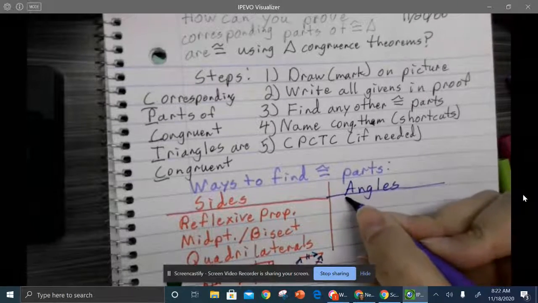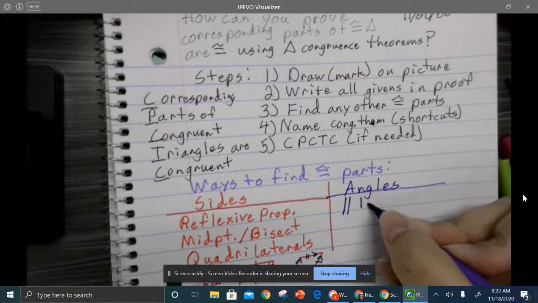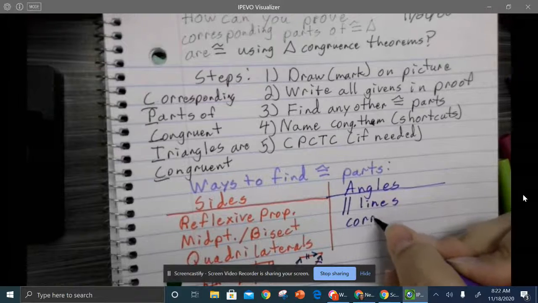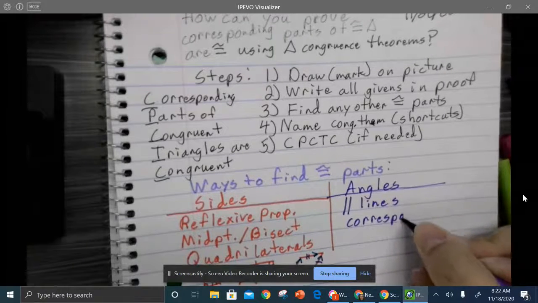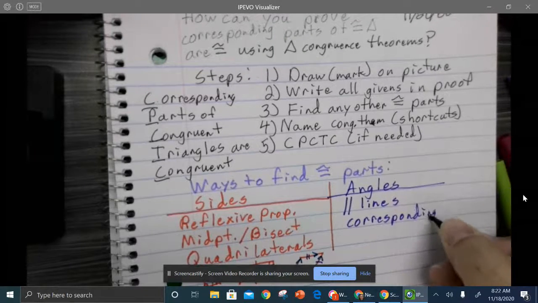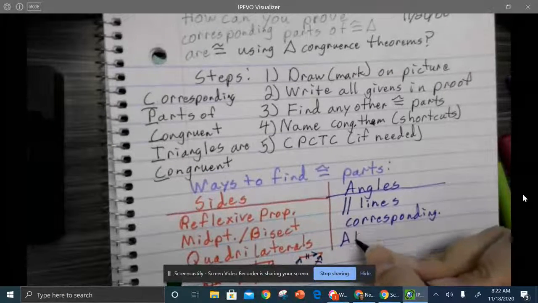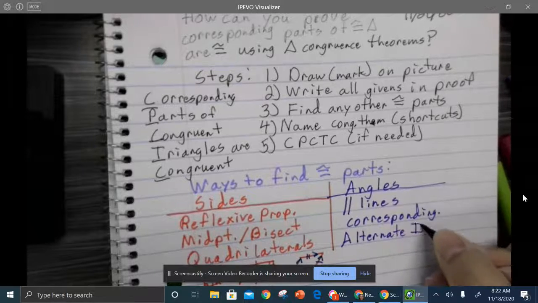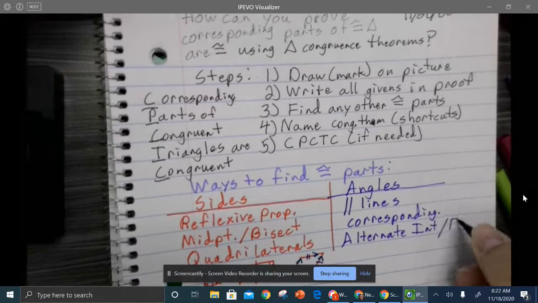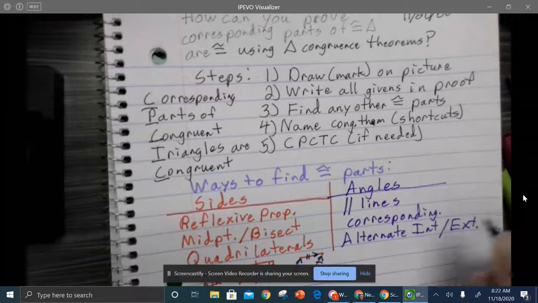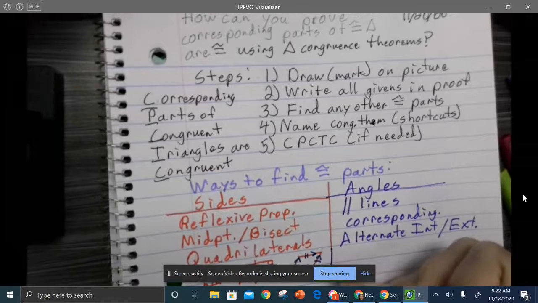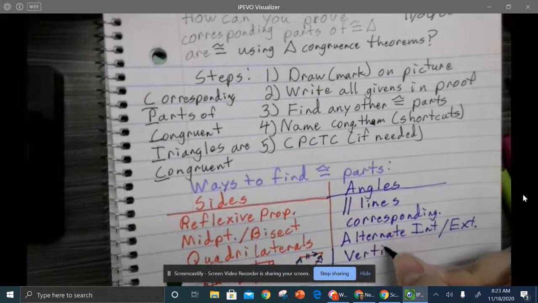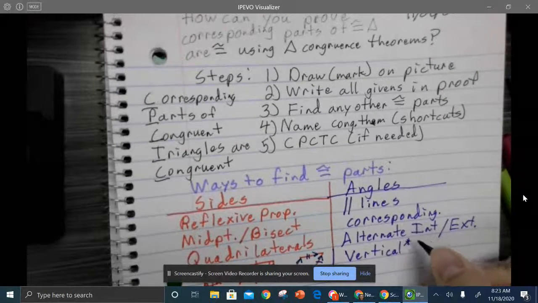And then we also have angles. We have parallel lines, so we have our corresponding angles, our alternate interior and exterior, and we also have our vertical angles.